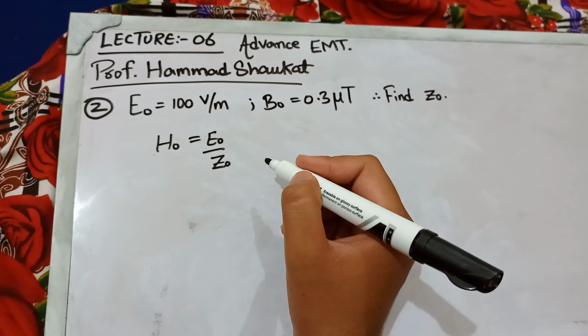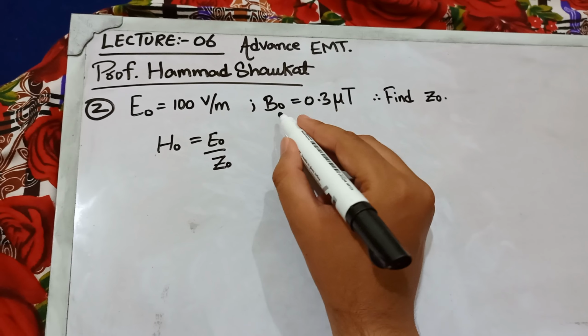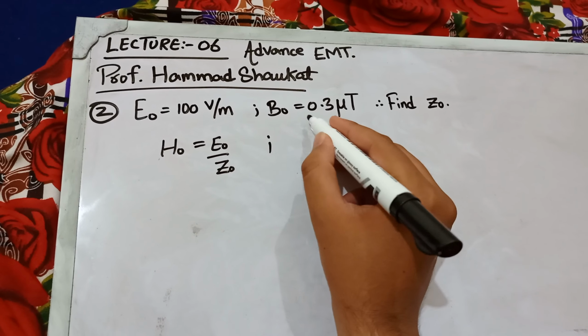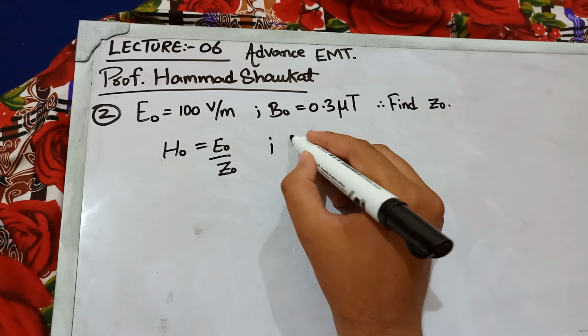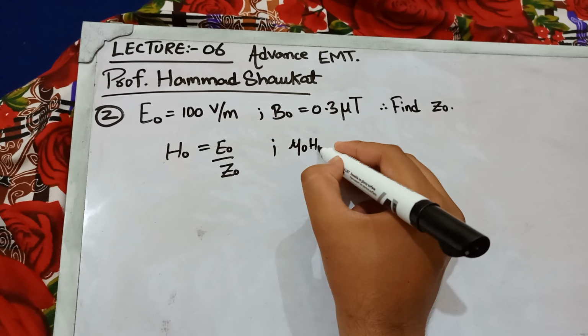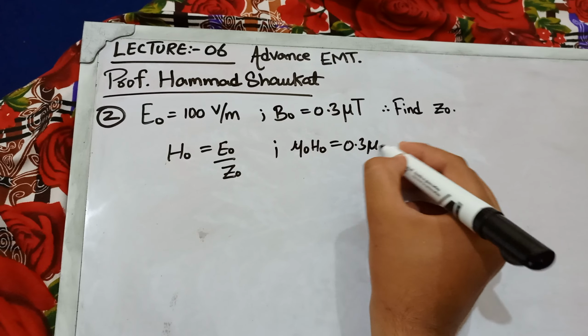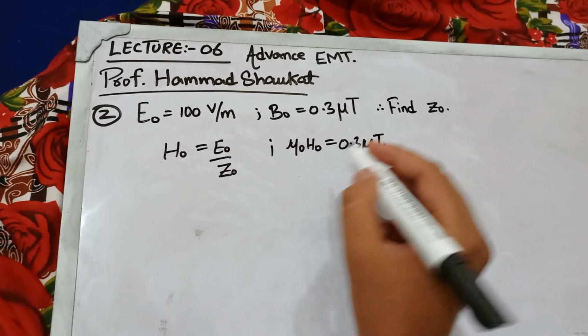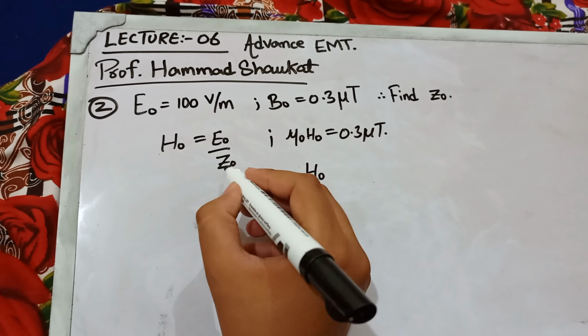You also know the given condition: B naught equals 0.3 micro Tesla, and you know that B naught is equal to mu naught H naught. We need the value of H naught, because we have to put it here to find Z naught.